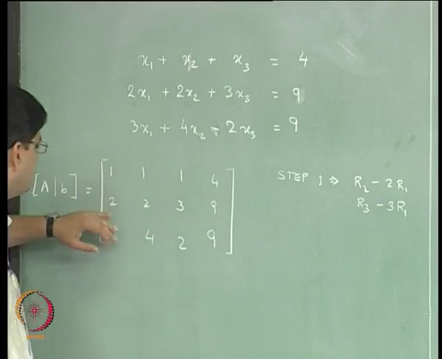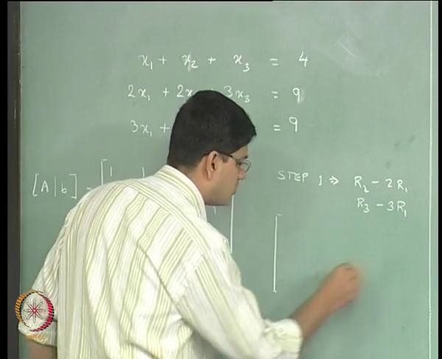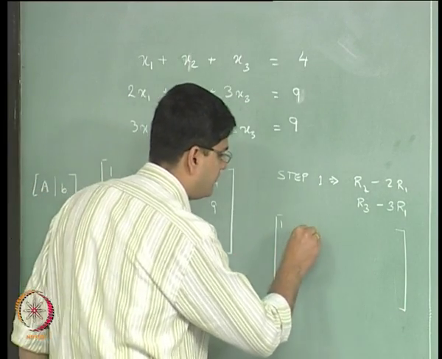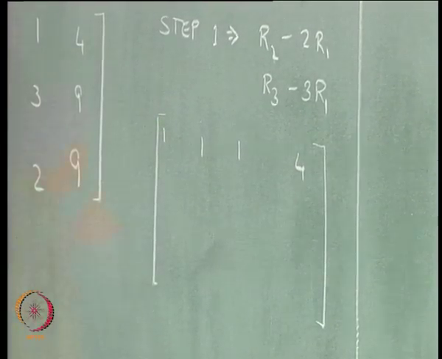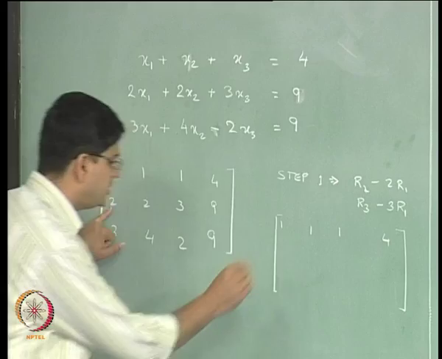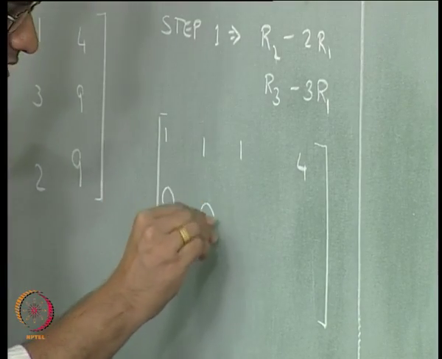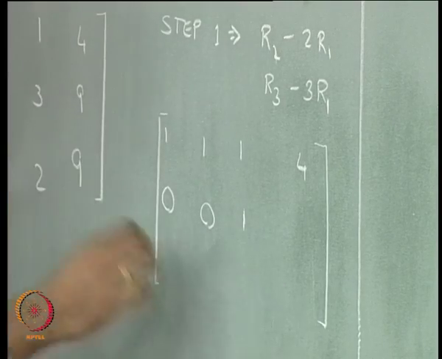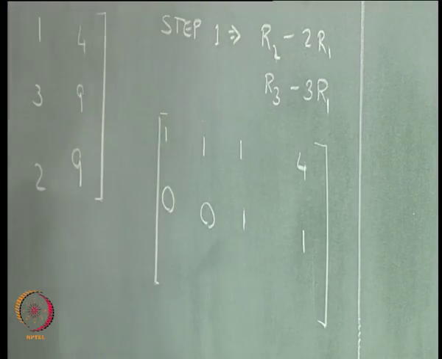So when we do an R2 minus 2R1, the first row of course remains the same, that is 1 1 1 4. The second row now becomes 2 minus 2 equal to 0, 2 minus 2 equal to 0, 3 minus 2 equal to 1, and then the final number 9 minus 8 equal to 1 again.